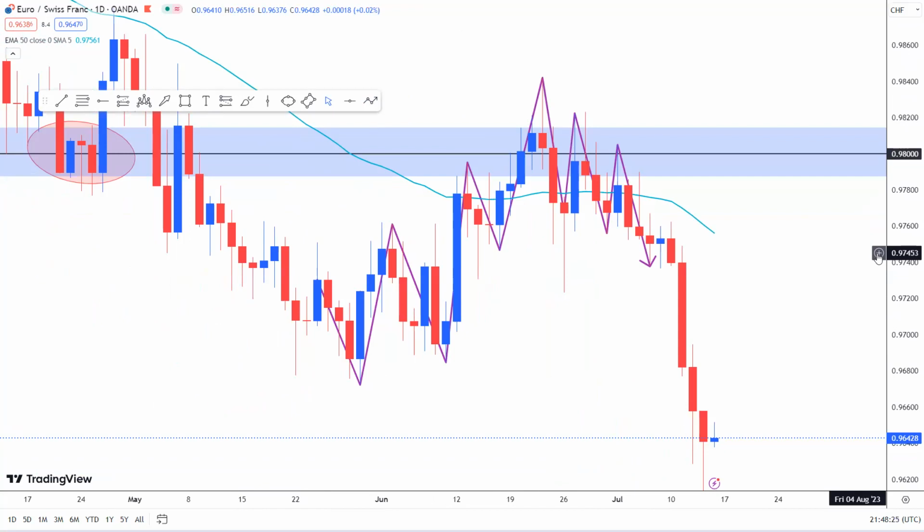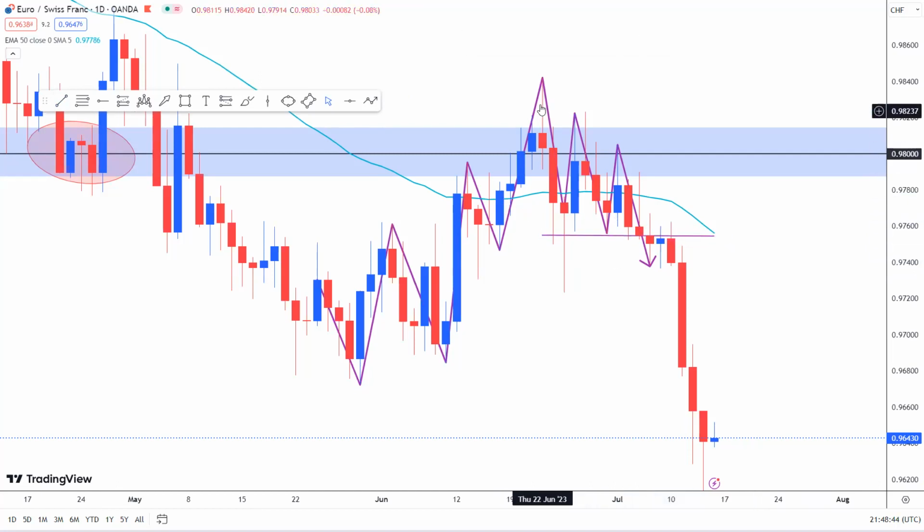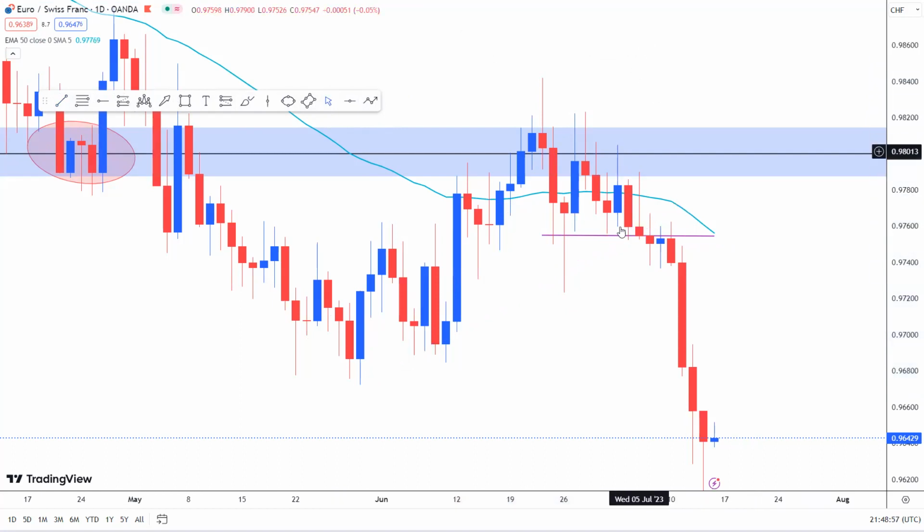The weekly time frame is bearish, and only at this level right here are we seeing a confirmation of a shift in the market structure on the daily time frame from bullish to bearish. From bullish to bearish.